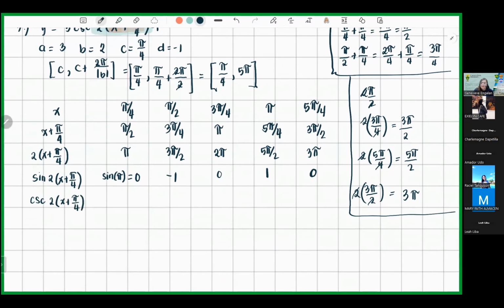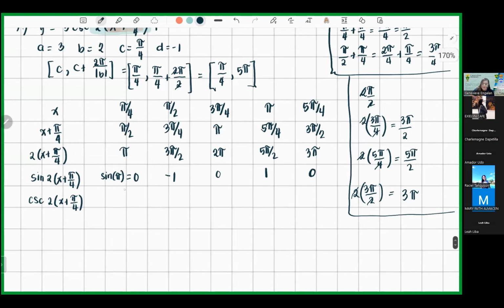So we take the reciprocals. 1 over 0 is undefined. Next, 1 over negative 1 is negative 1.